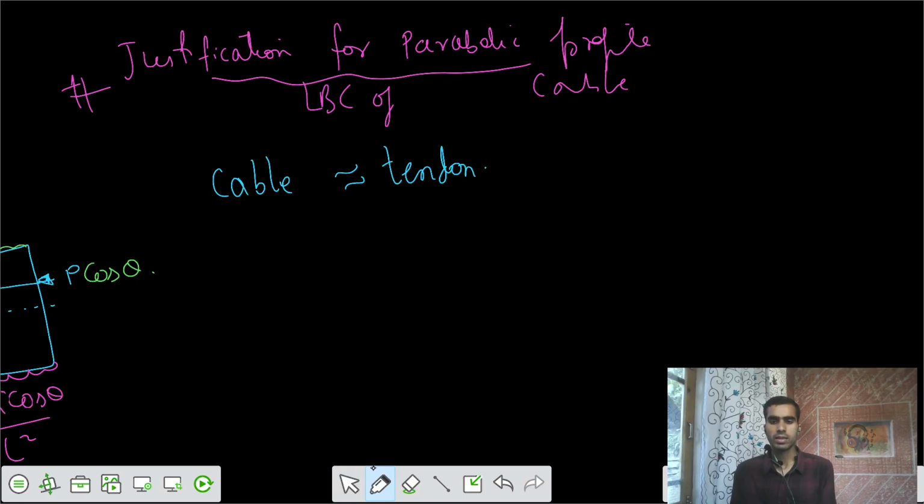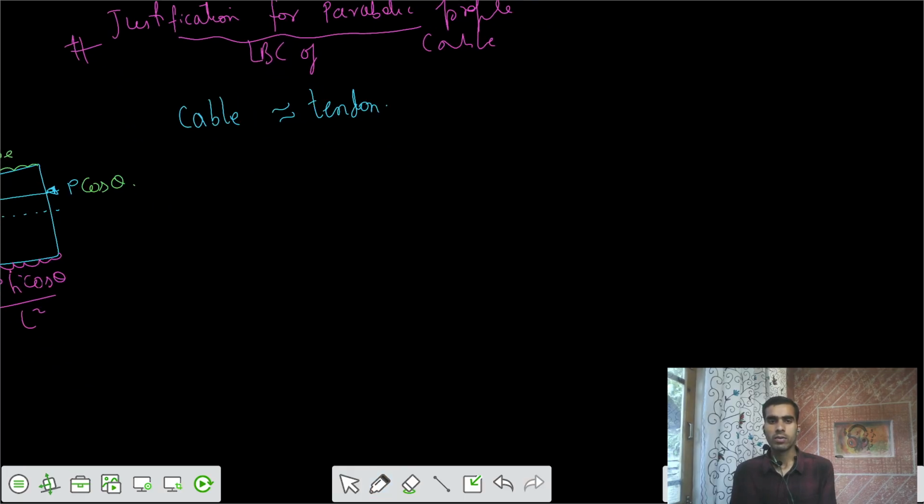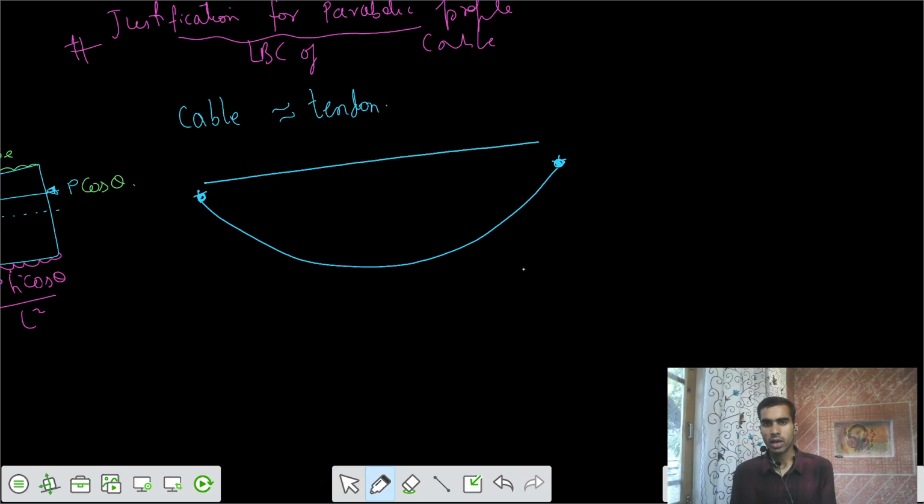If I assume that this is similar to a tendon, then if there was a cable simply supported at the ends, with the two supports at the same level, and I am applying some equivalent load, I would call it the balancing load.